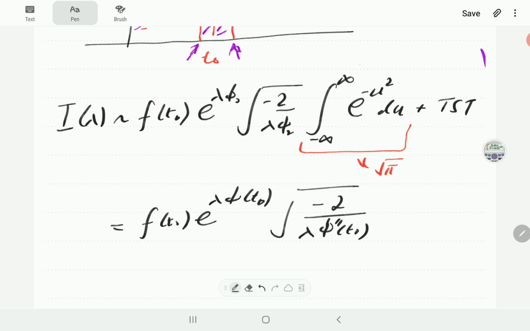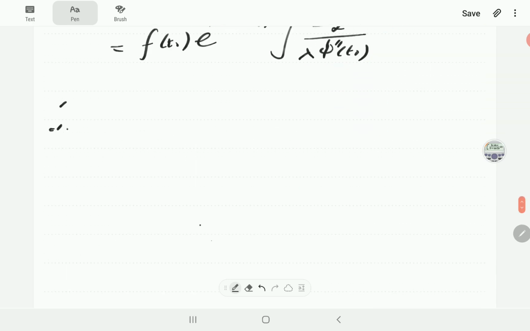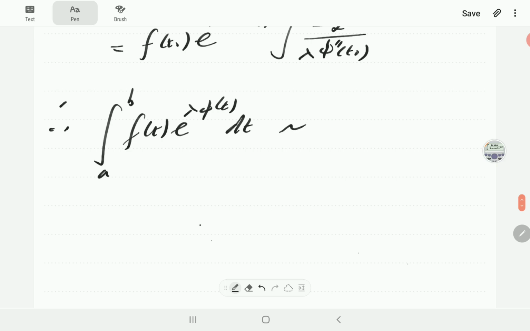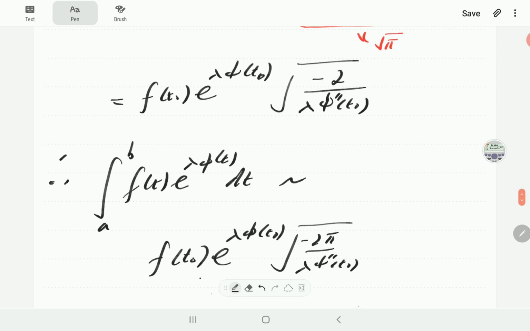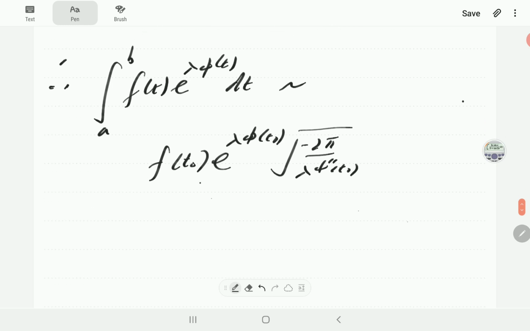Okay, so what we are saying is that, in summary, this integral here, from a to b of f of t, is going to behave like f at t naught e to the lambda phi at t naught times, so this is 2 pi here, as lambda goes to infinity.